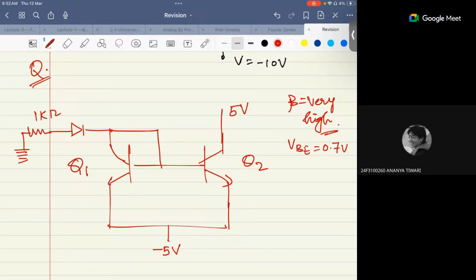What else do you need? You have to calculate the current here. Do you need anything else?